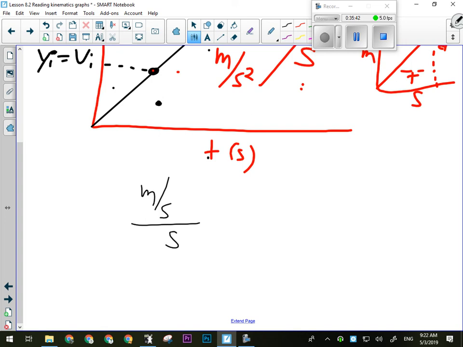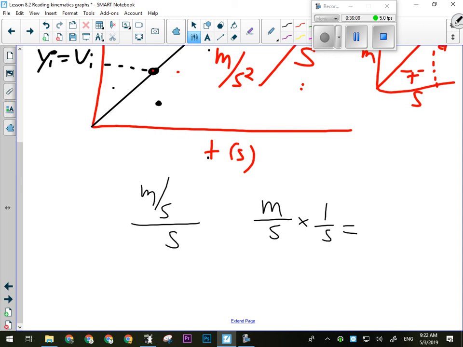The seconds don't cancel here. This is like dividing fractions. So I've got meters per second divided by seconds, which is seconds over 1, really. When you're dividing fractions, what are you supposed to do? Multiply by the reciprocal. So instead of this, I have that.